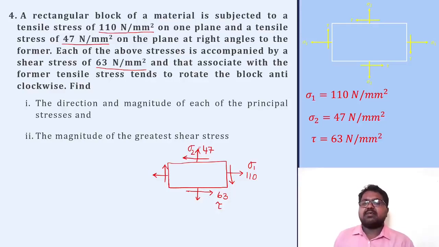Now they are asking first the direction and magnitude of each principal stress, and second the magnitude of the greatest shear stress. So let us see how to calculate one by one.